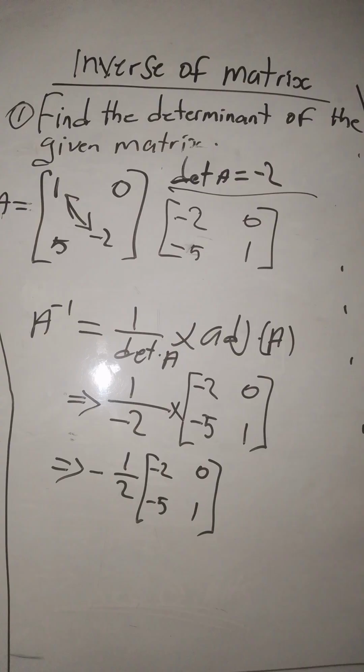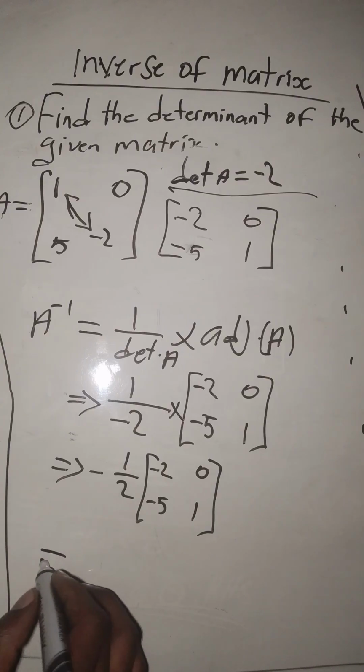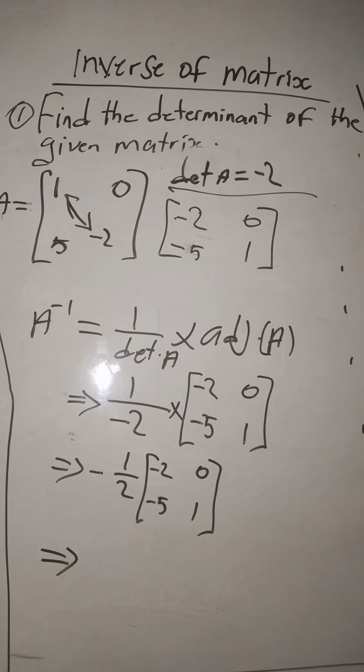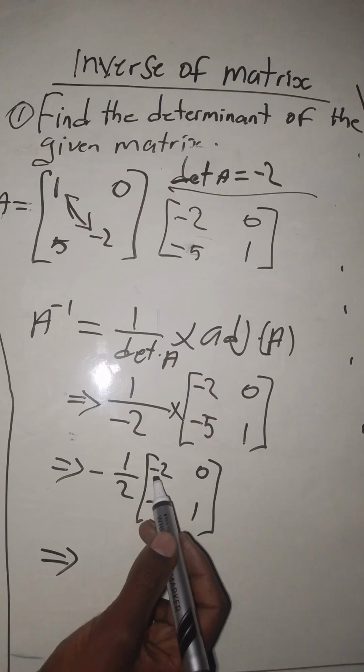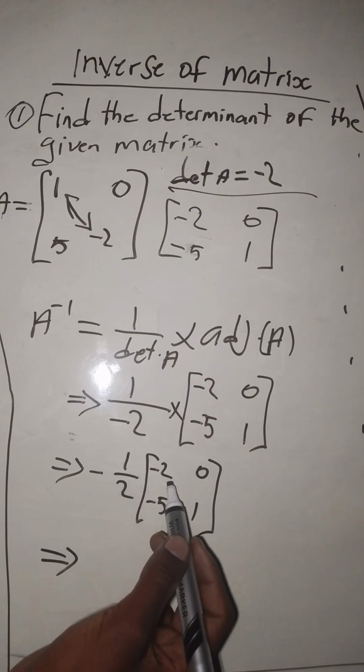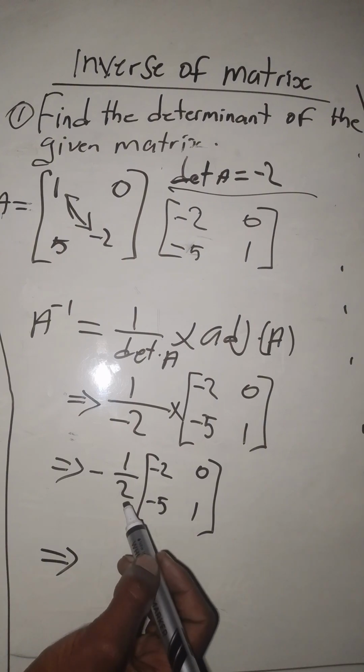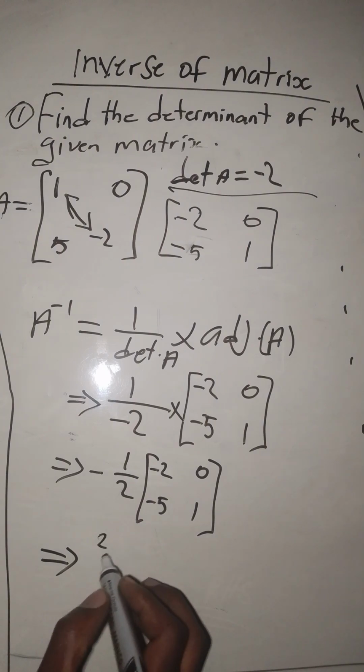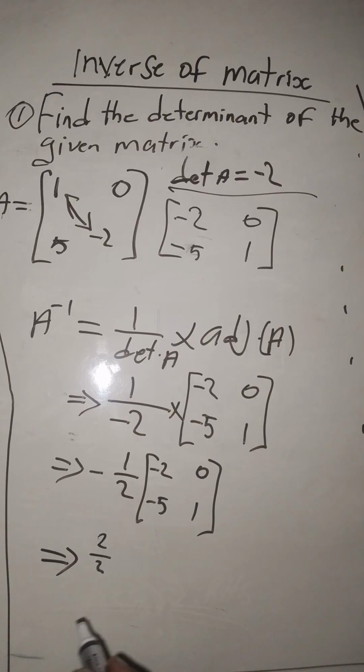Now let's find our inverse. Let's distribute the half inside here. By the way, you can end here, you'll still be marked in GCE or in grade 12 exams. You can also distribute this. Negative times negative is positive, and 1 times 2 is 2, so we have 2 over 2.